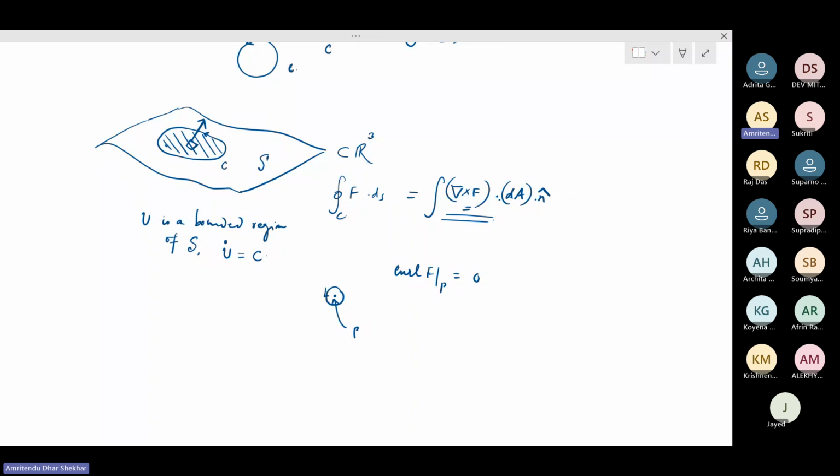And hence if something is curl free, you call it irrotational. There are many quantities in physics which are derived from curls, basically curls of certain vector fields. For instance, the vorticity vector in fluid mechanics has in its definition a curl.